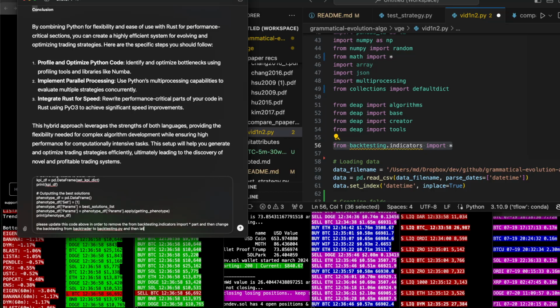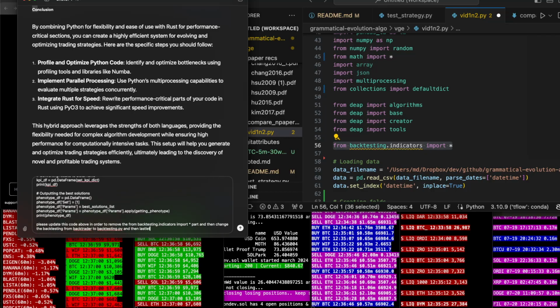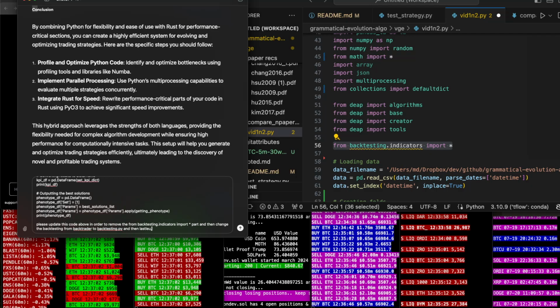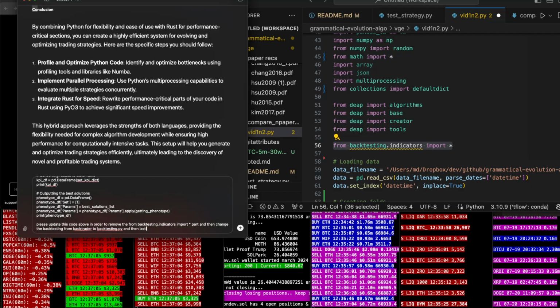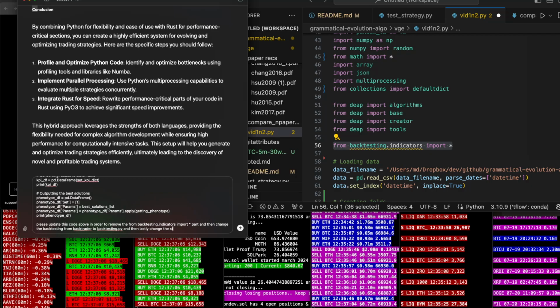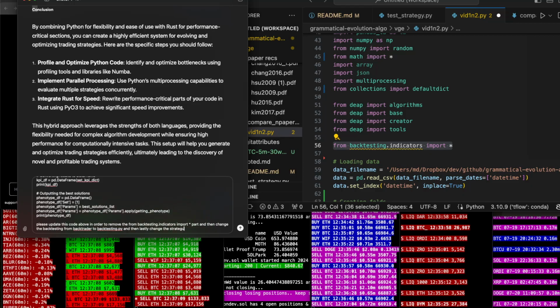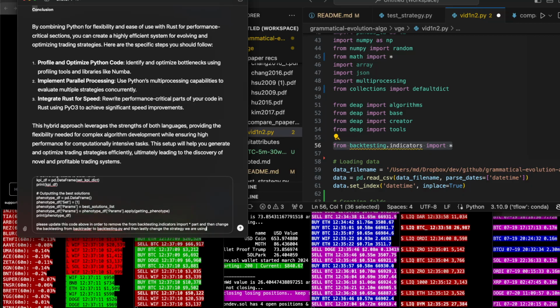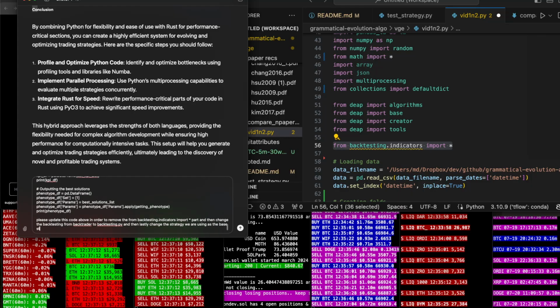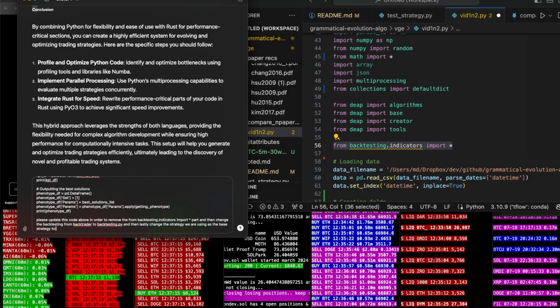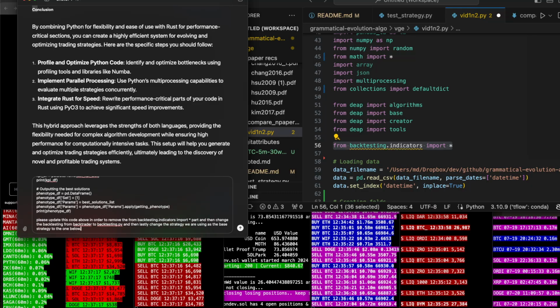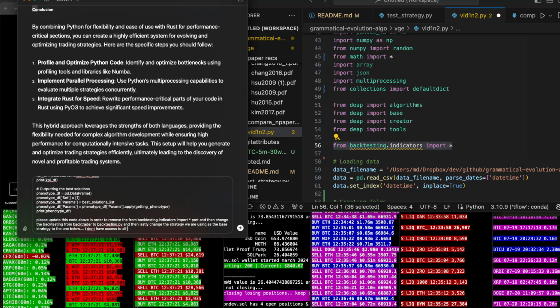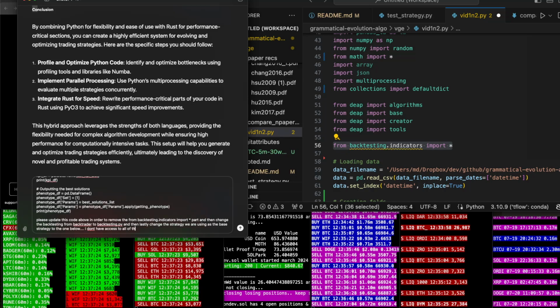And then lastly, change the strategy we are using as the base strategy to the one below. I don't have access to all of that.